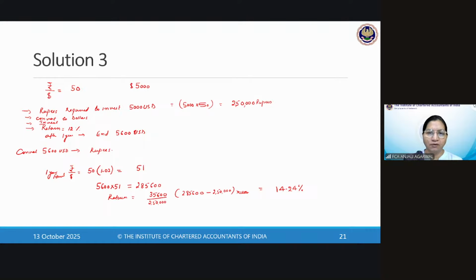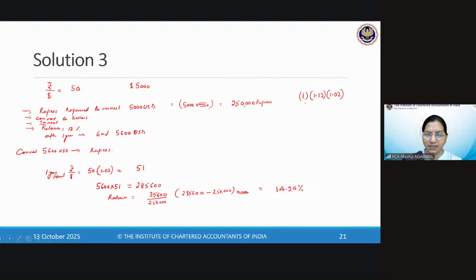So if you did not want to go through all this calculation, we could see that your 1 rupee had become 1.12, 12% return, right? And this further appreciated because the currency in which you invested has appreciated.